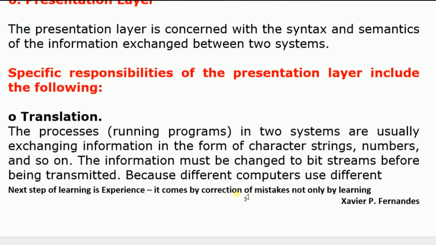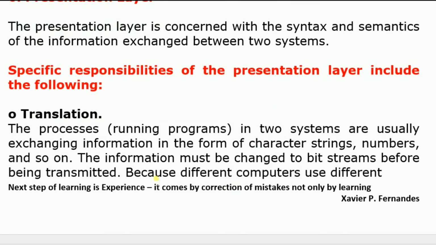Other specific responsibilities are translation. The processes in two systems usually exchange information in the form of character strings, numbers, and so on. The information must be changed to bit streams before being transmitted.